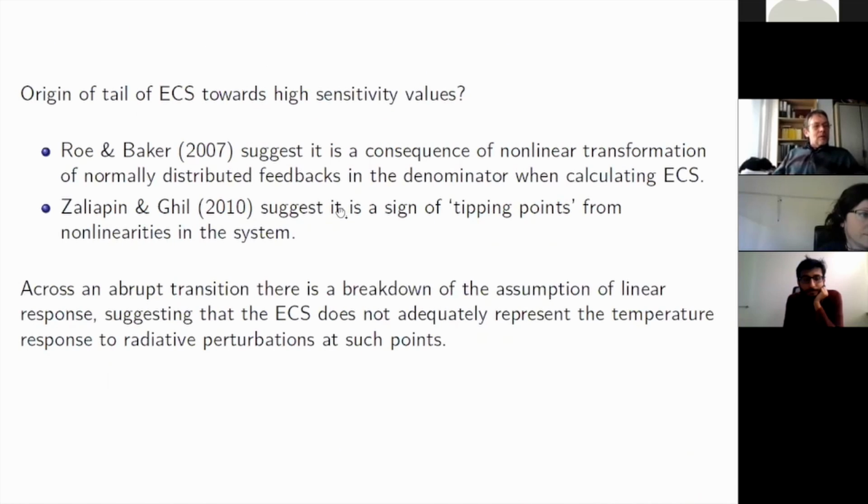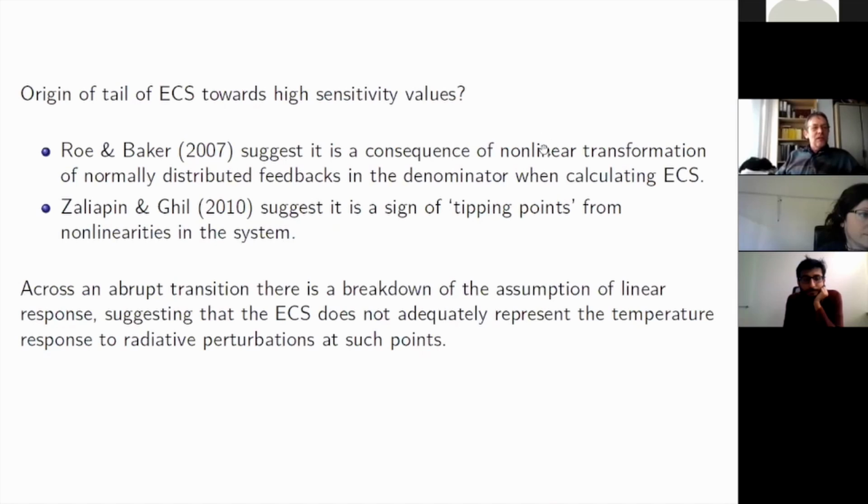And if you look a few years back in the literature, there was a very influential paper by Rowe and Baker, who examined the particular problem of extremes of sensitivity in the equilibrium climate sensitivity and the apparent large mass there.